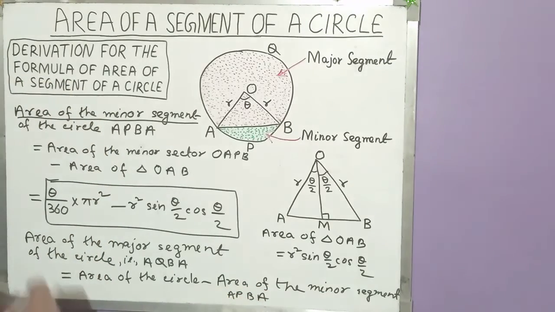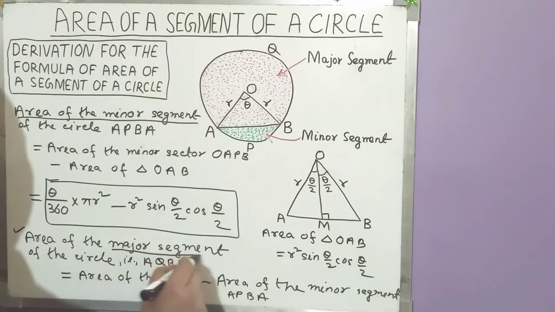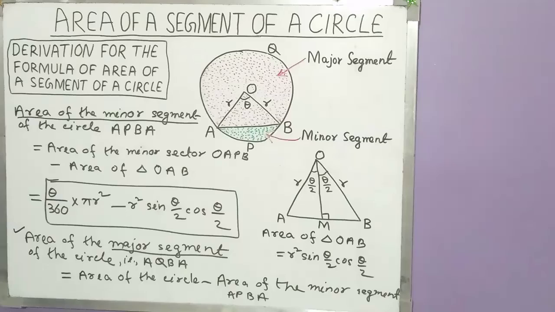Using this formula, we can find the area of the major segment of a circle.